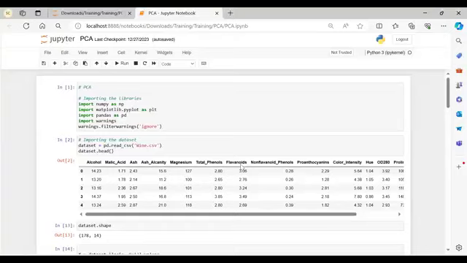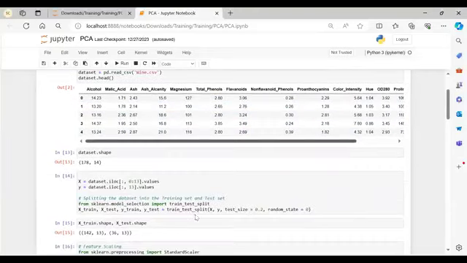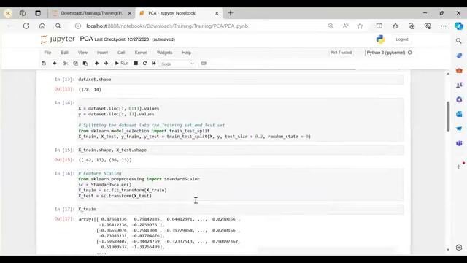So we don't even require all those columns when we are considering alcohol. But if you have to do it manually, it's going to take a lot of time, because you have to construct the correlation matrix, check which two variables are highly correlated, and decide which one to drop. PCA is one good technique where you just pass the entire data and it takes care of the rest of the things.